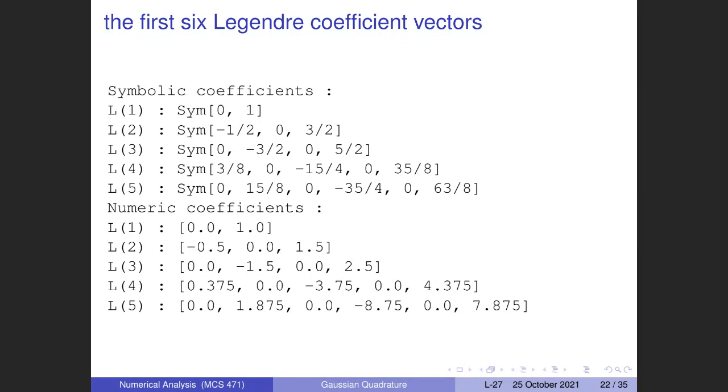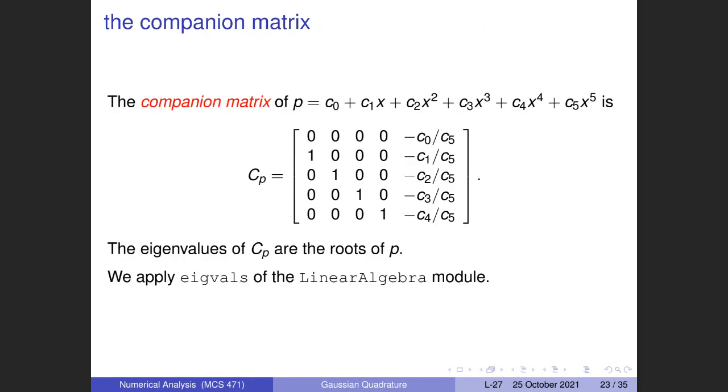So array comprehensions are very good to turn the symbolic into a numerical construction. How do we compute the roots? We have the linear algebra module, and a linear algebra problem that computes the roots is also an eigenvalue problem.